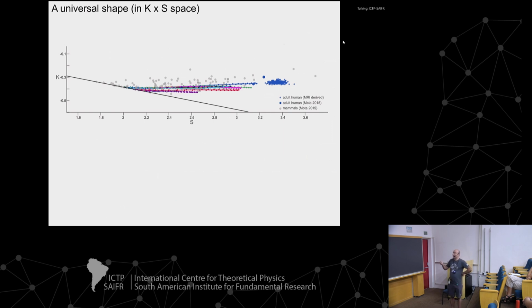So as one melts, we move horizontally, we decrease morphological complexity all the way to lissencephaly, indicated by this line here, while maintaining an approximately constant K. This is how we express a shape as a trajectory. And all these trajectories overlap the same universal trajectory.